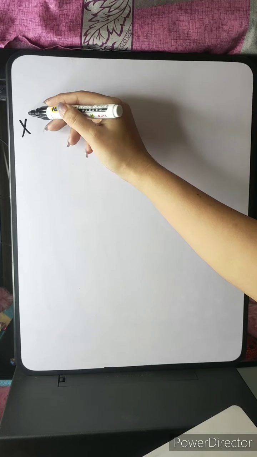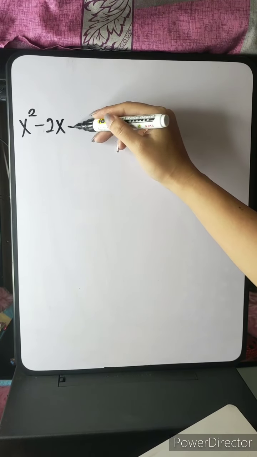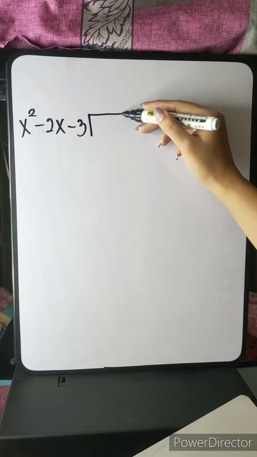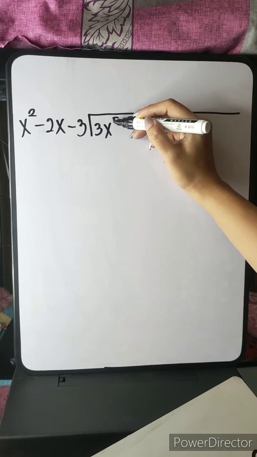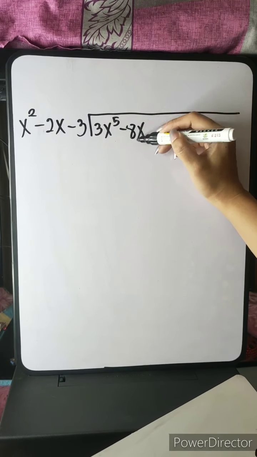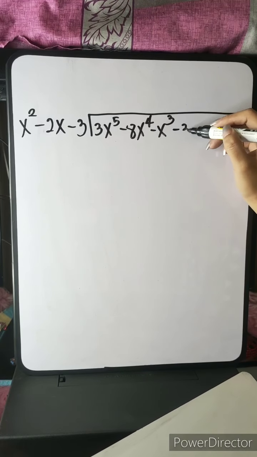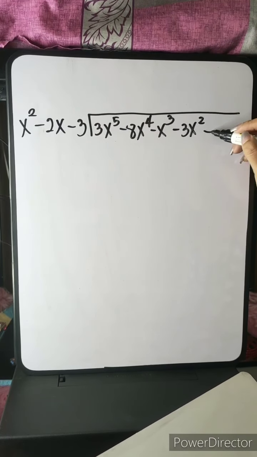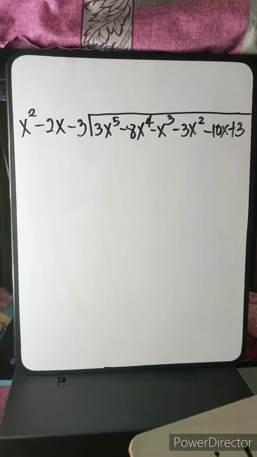Sulat ko muna yung divisor. So, we have 3x raised to 5 minus 8x raised to 4 minus x cubed minus 3x squared minus 10x plus 3. Okay?